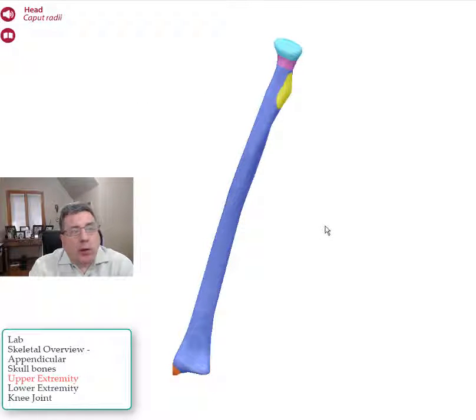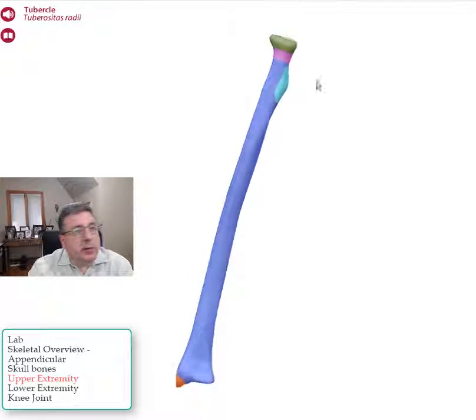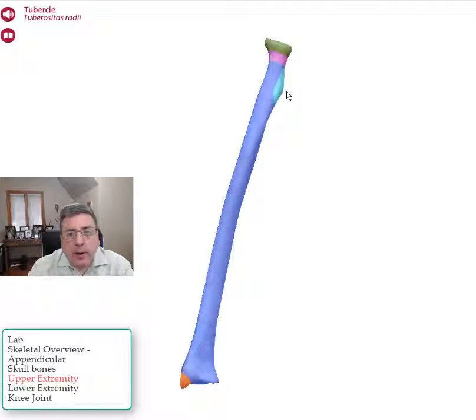The radial head is going to articulate with the capitulum of the humerus. This is going to be the tubercle, and this is the attachment site for the biceps brachii. Once we get into the muscles, biceps brachii is going to insert into the tubercle.